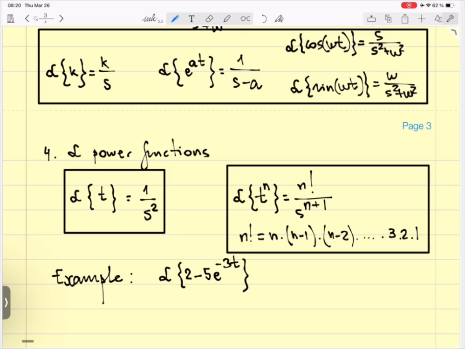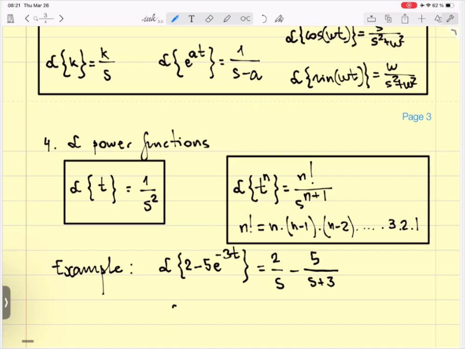The first one is straightforward. We have a constant, so it's 2 divided by s. And the second one is another constant 5, and then minus 3t, so 5 divided by s plus 3. Okay, so that's the Laplace transform.